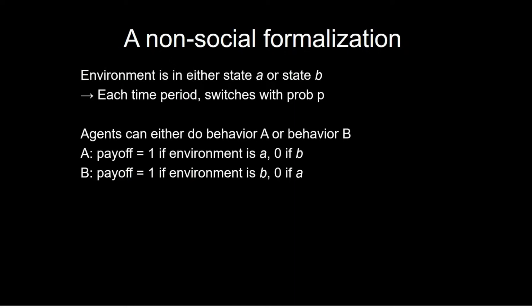If that was the whole thing, it would be pretty clear that the optimal strategy would be, in every time period, to choose the behavior that matches the state. But now we're going to put this ease-flexibility trade-off framework into this decision-making context.